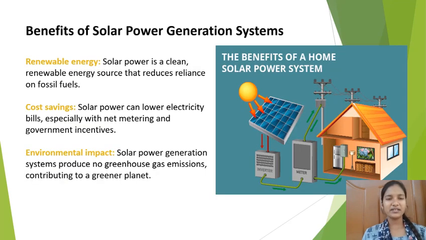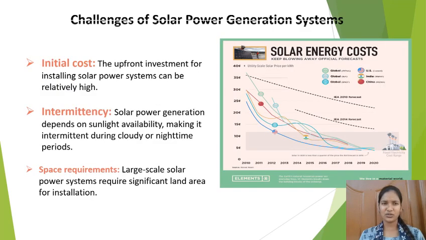What are the benefits of solar power generation system? Let us see. These are renewable energy, so they are recyclable. Cost is very low and there is no impact on temperature. Now let us see what are the challenges of solar power generation systems. Initial cost.